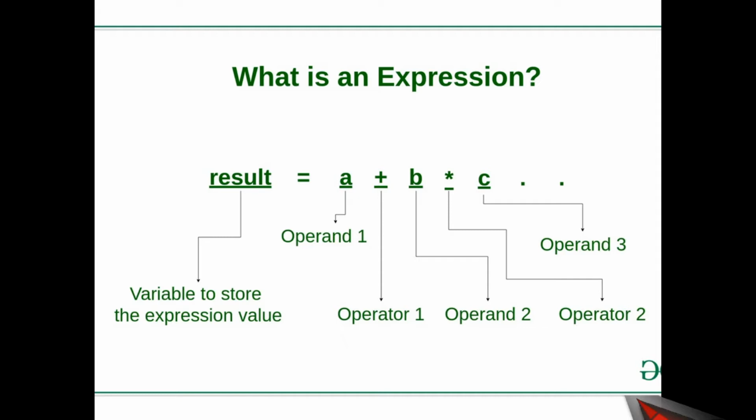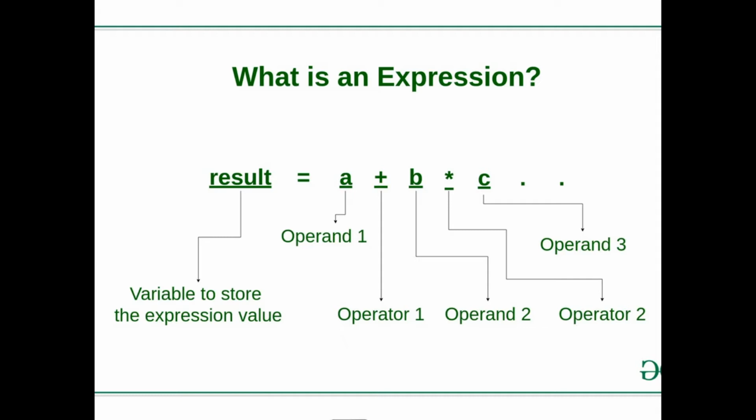Thus, an operator is basically a symbol or a token which performs arithmetical or logical operations and gives a meaningful result. The values which are involved in the operation are termed operands.